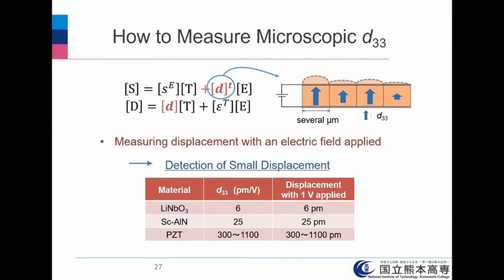In case of PZT, the value is relatively large. But in case of LN or other materials which are used in high-frequency devices, the displacement is very small. To measure this small displacement, the SNDM system can be used.